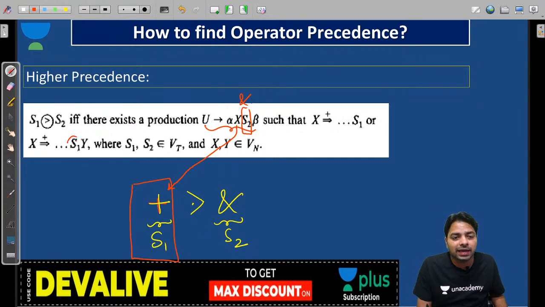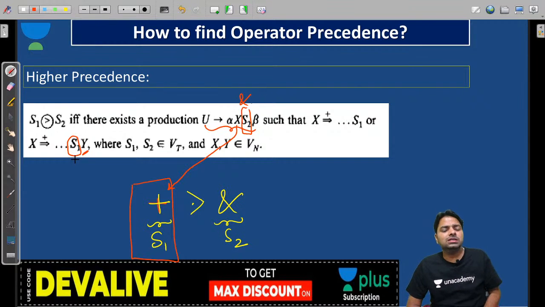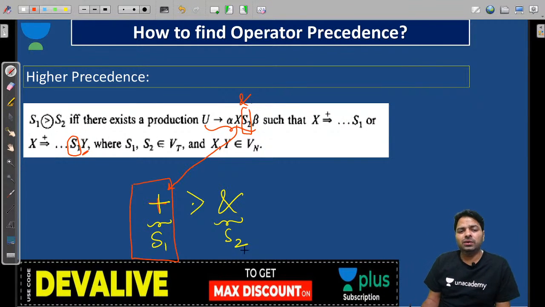So look at that. When S1 is deriving, then Y is going to be a non-terminal, or at most one terminal. Remember that, or at most one non-terminal. This is going to be at most one symbol, the best choice you have in general. Both ways you can implement. Remember, guys.